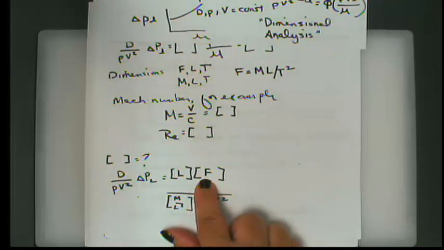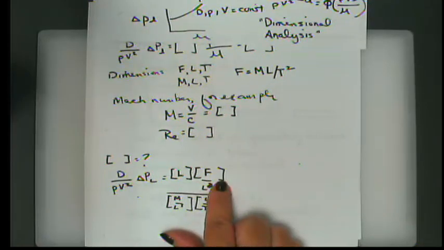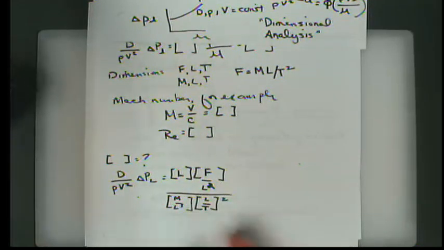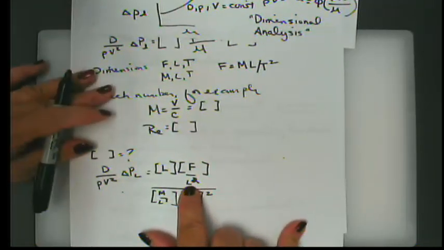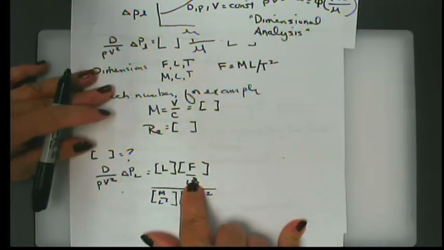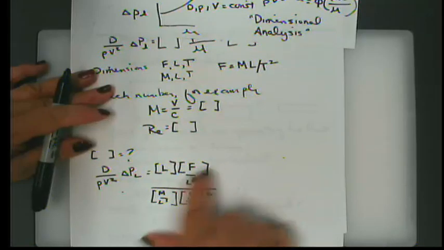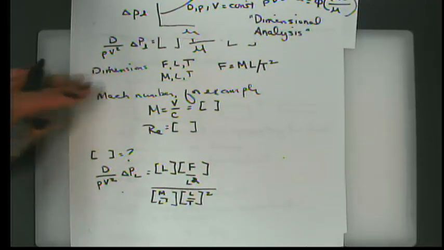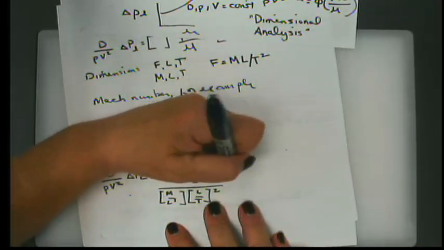So, as a choice here, you can do it either way, but I'm going to write force as mass length per time squared. I'm going to do one other thing, which is instead of writing dimensions in the denominator, I'm going to write them in the numerator with a negative exponent, and you'll see why in just a moment.